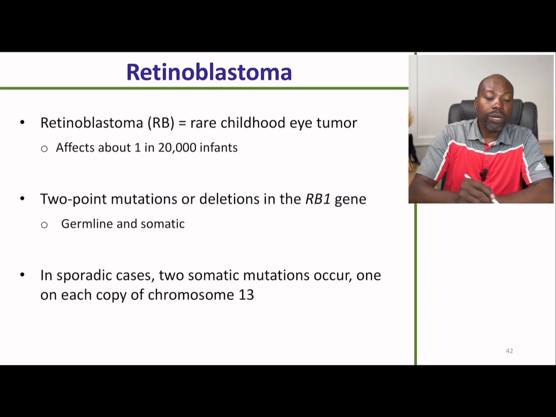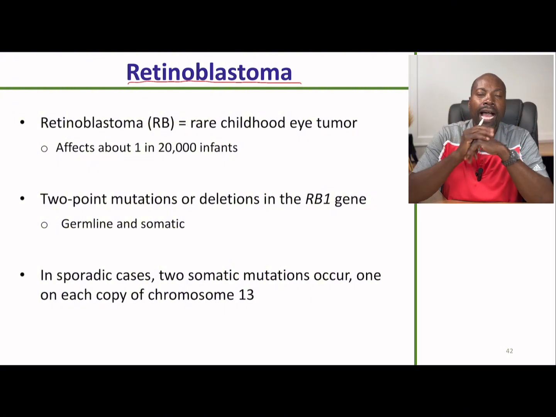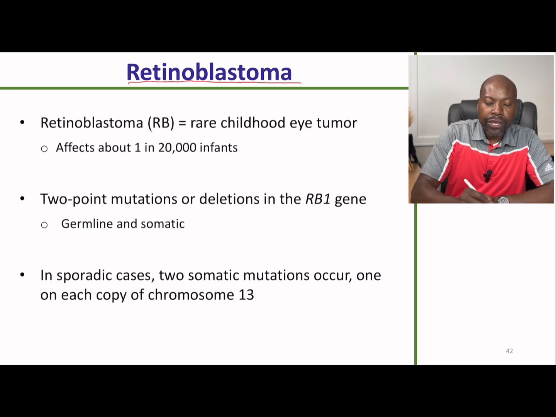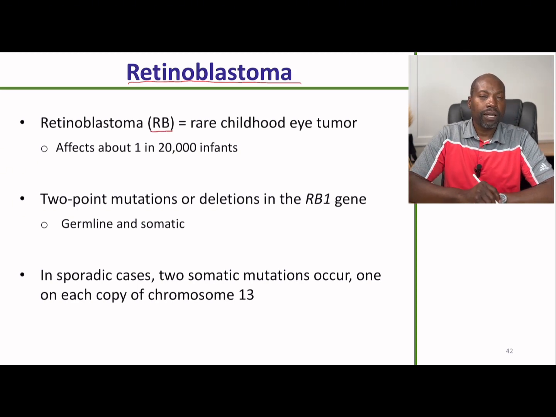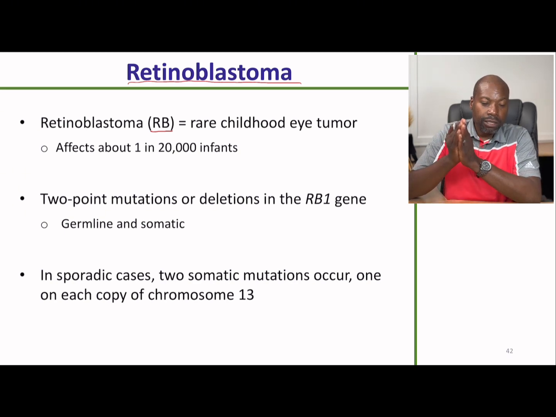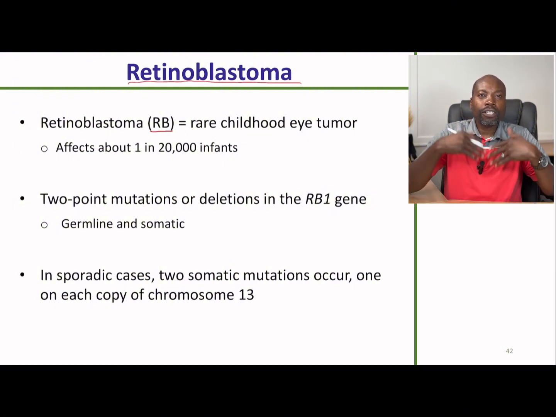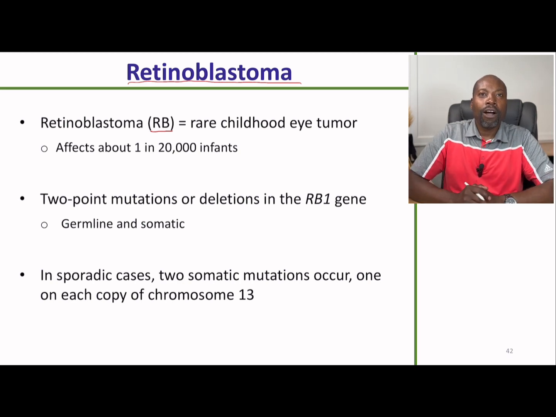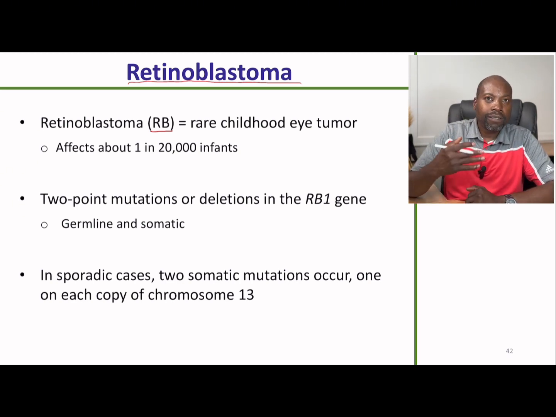Then the retinoblastoma. Retinoblastoma, it's a type of cancer of the eye, right? That cancer of the eye is caused by a mutation that occurs in the RB gene. That RB gene normally, in its normal function, is to prevent the overproduction of some genes in the eye, right?